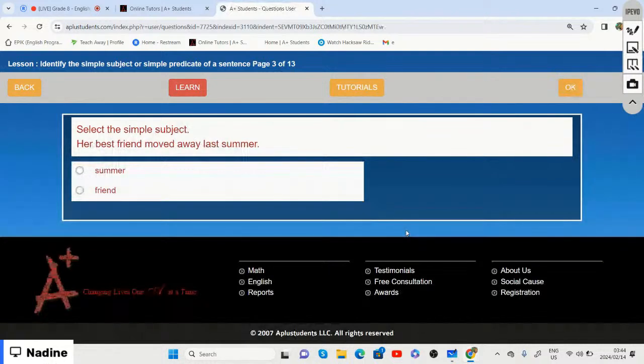Now we need to select the simple subject, which tells us who or what is doing something. Her best friend moved away last summer. So we need to select the simple subject within this sentence.